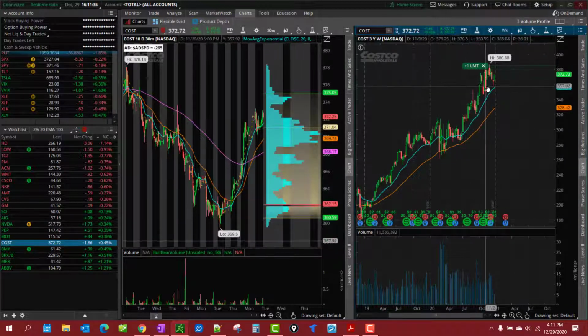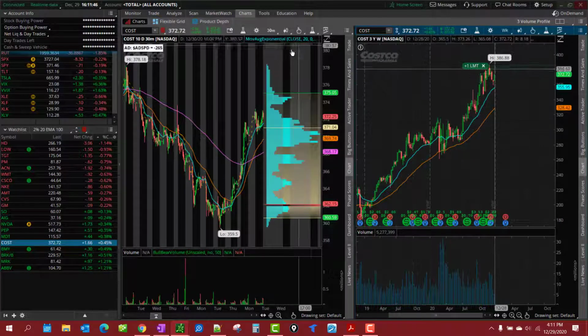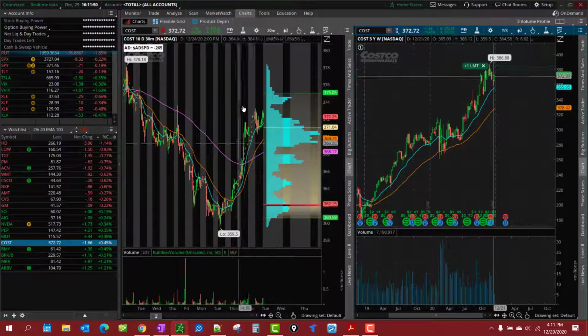You'll notice I put on call spreads today because it's near its 20 period moving average on the weekly, which tells me it's probably going to continue its trend. So I'm not looking at just the value area extreme, though I am looking at the value area extreme.